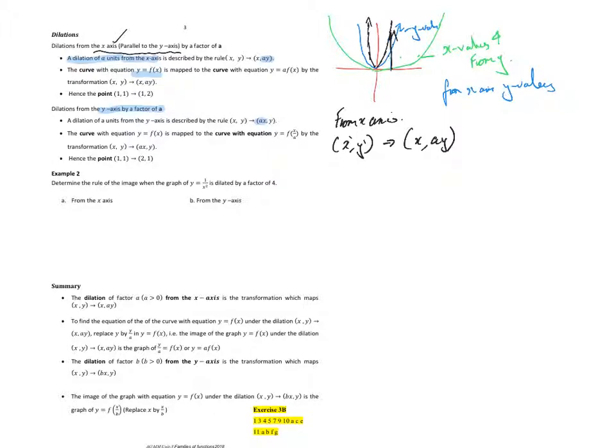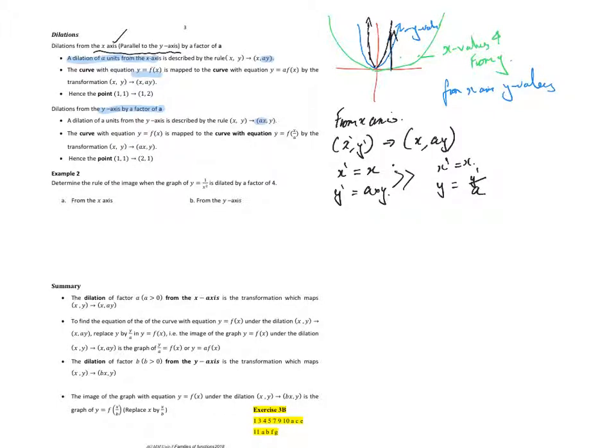So the y value increases. If I rearrange that, x dash doesn't change, the new y value is equal to a times the old y value. So the new x is the same as the old x, and the old y is equal to the new y on a.